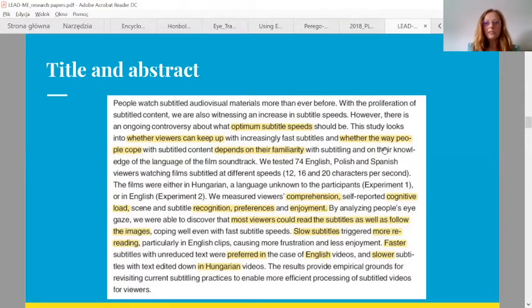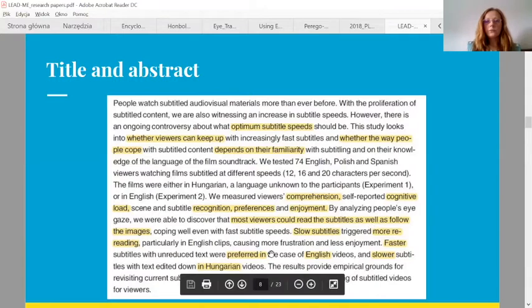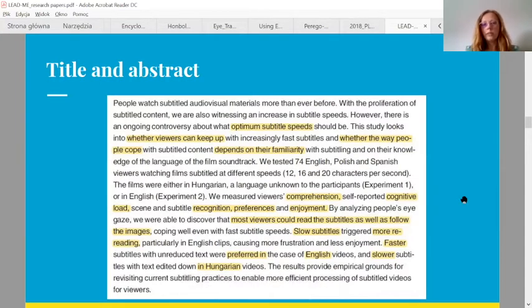So for me, it was unclear how cognitive load was, for example, measured. It was not so clear how, for example, all these variables were tested, right, et cetera, et cetera. So, right, I needed this information, but basically this abstract gave me basically a lot, right?